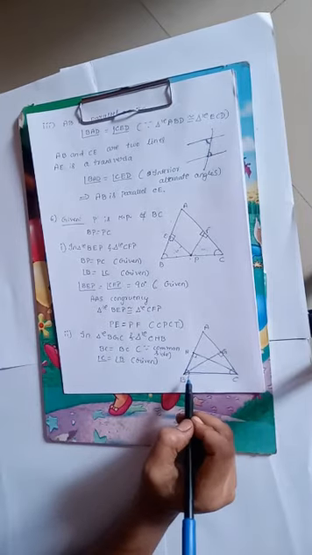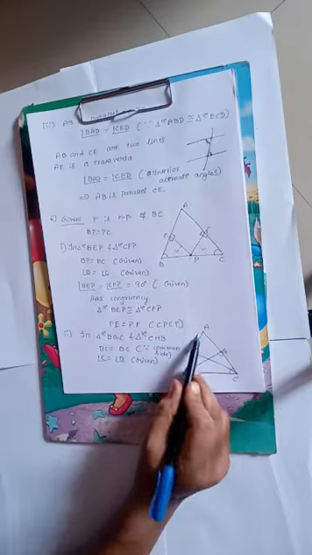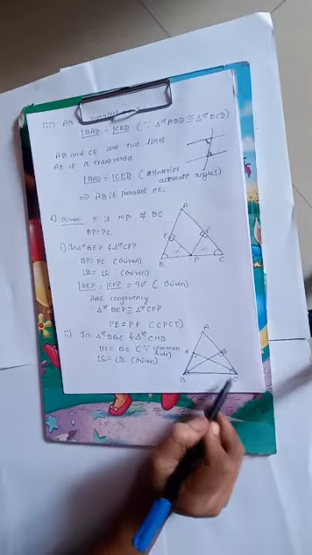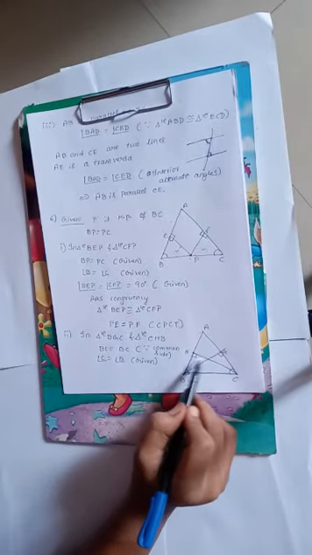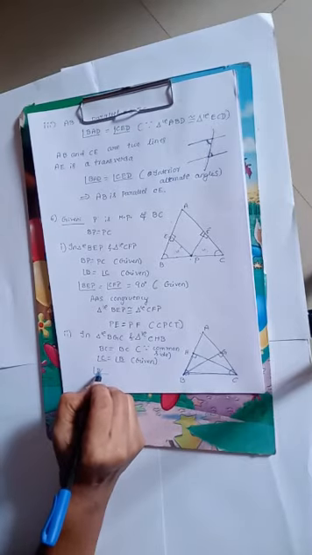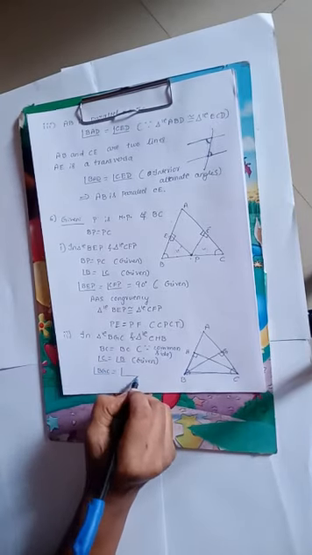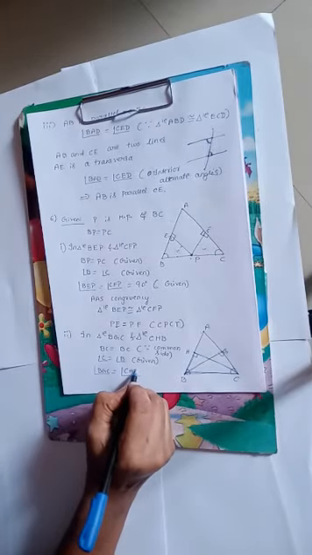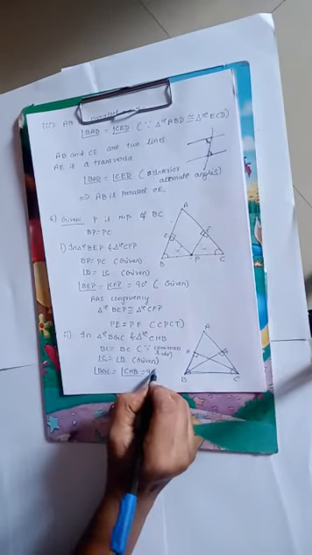And we drew from C a perpendicular to AB and from B a perpendicular to AC, which means these two angles are equal to 90 degrees. That is, angle BGC is equal to angle CHB equal to 90 degrees.